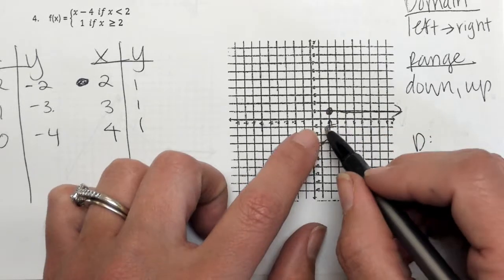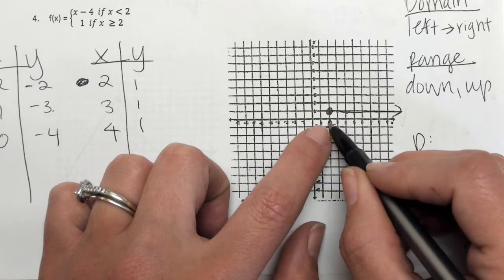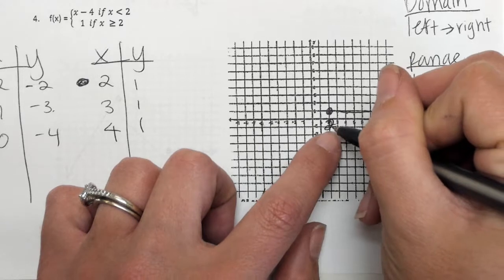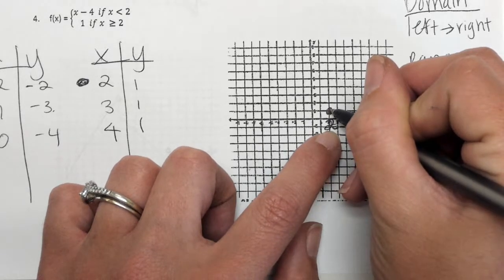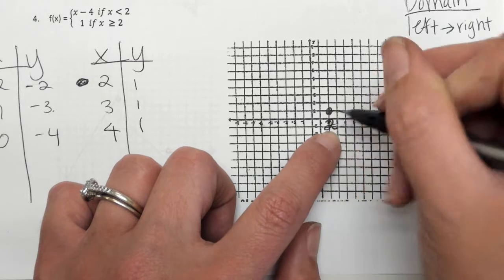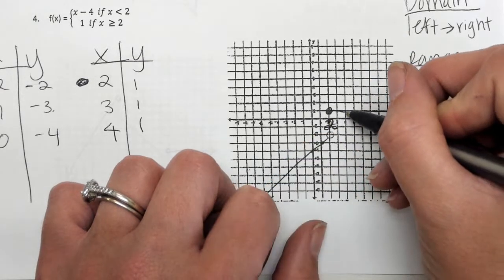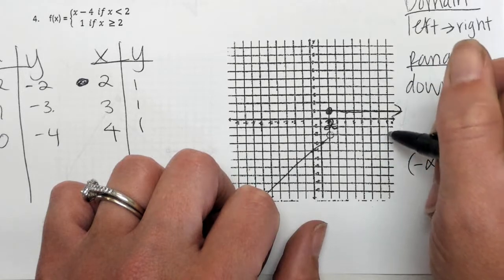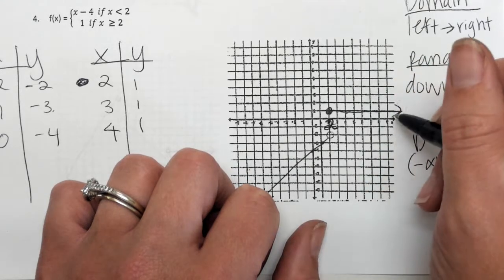So at this X value 2, what's the Y value here? 1. So it does have a Y value. And so does right here. This Y value is 1, this one's 1, this one's 1. So we're not skipping any X values.